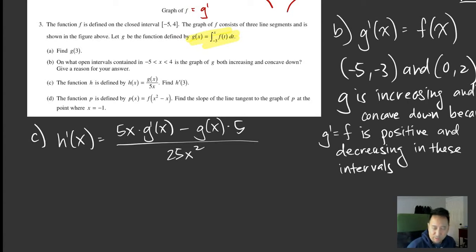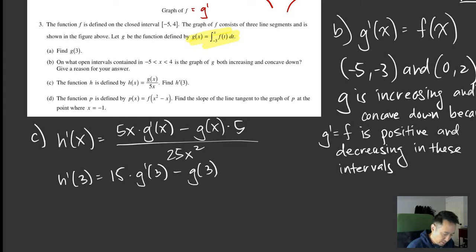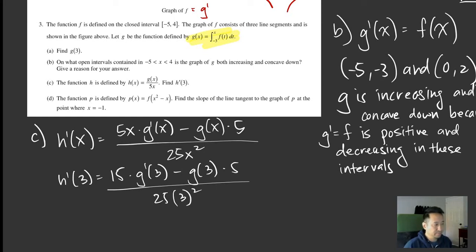And if I want h prime of 3, I'm just going to substitute 3 in for all my x's and then solve, right? So it looks like I get 15 times g prime of 3 minus g of 3 times 5 over 25 times 3 squared.